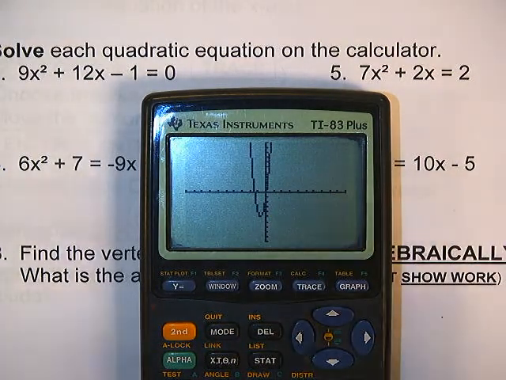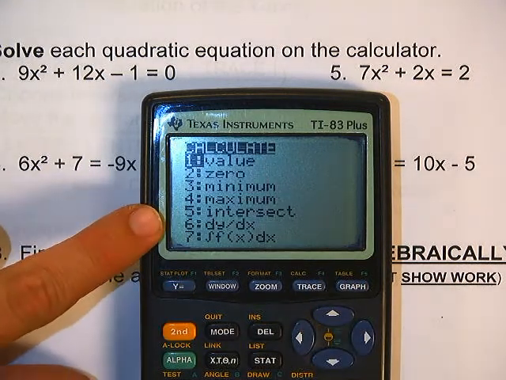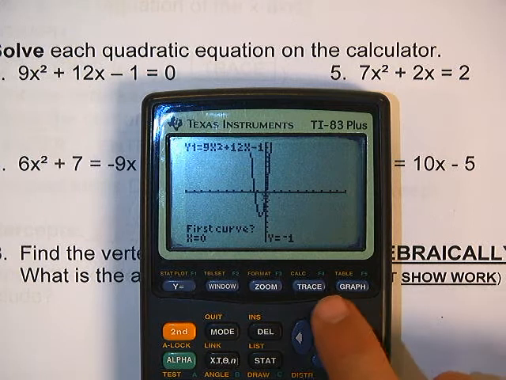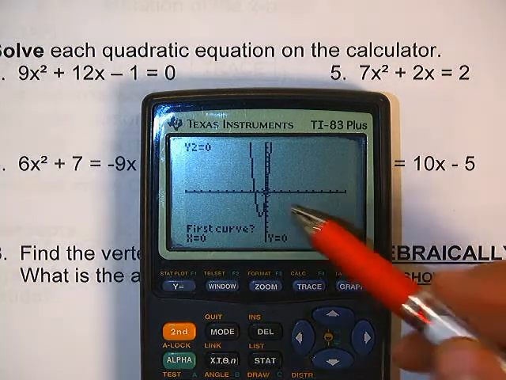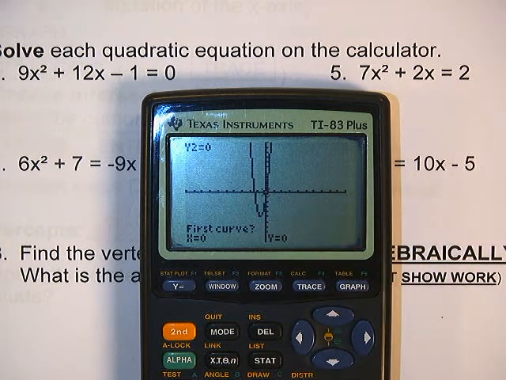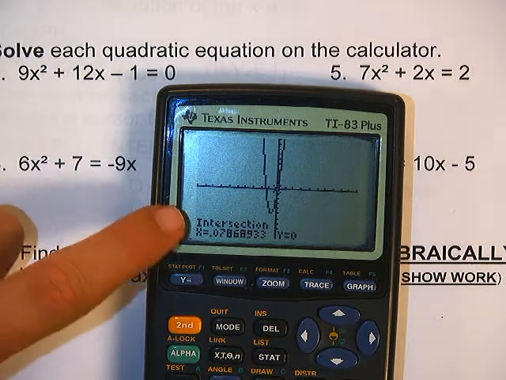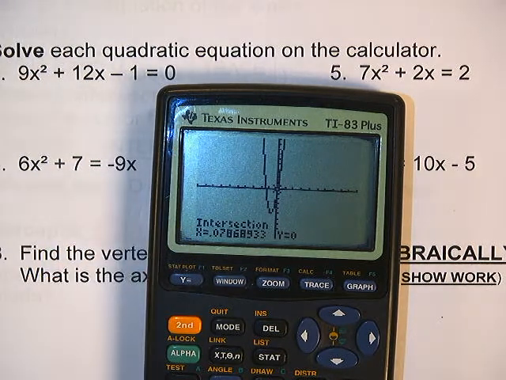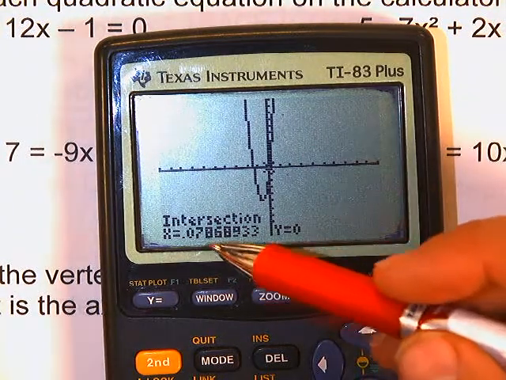Let's find the solution. Second calc, we're looking for number 5. Move it close to one of the intersections. It's already right there. Hit enter 3 times. So one of the solutions, if you can see this, is at 0.08.